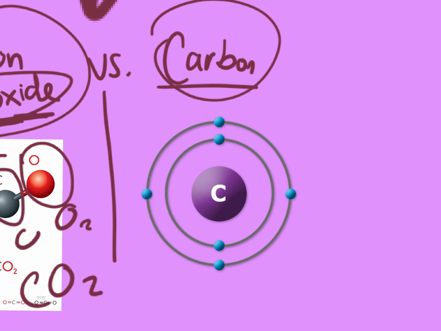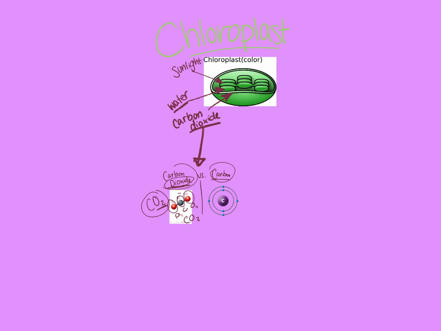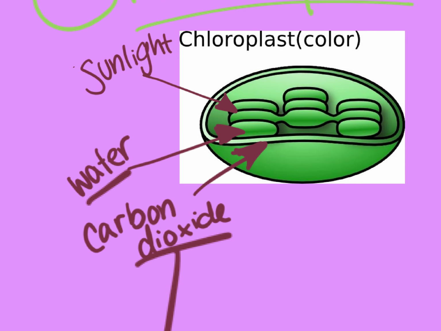When you just say carbon, you're talking about just one carbon atom, which is not an input for photosynthesis. Carbon dioxide and carbon are different things, and it's important because the carbon dioxide that goes into photosynthesis is separated, and that carbon part of carbon dioxide is rearranged, and that is how we get our output.